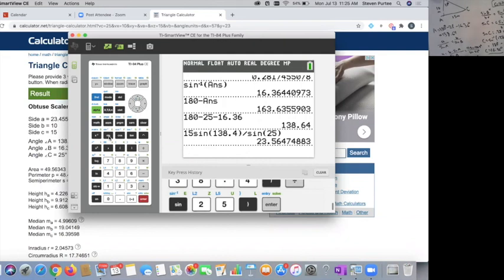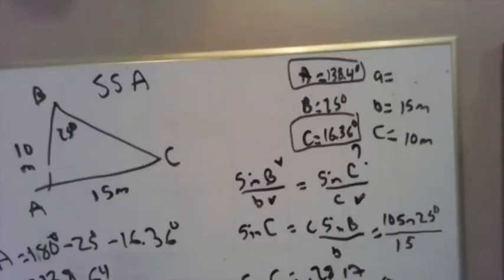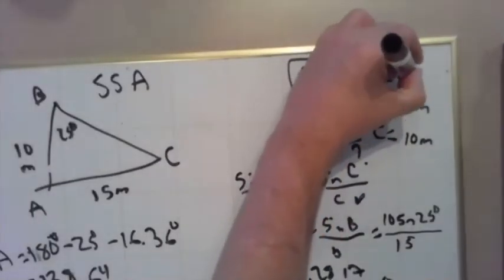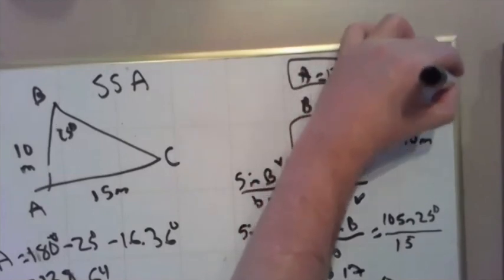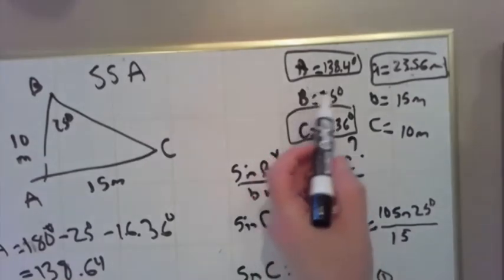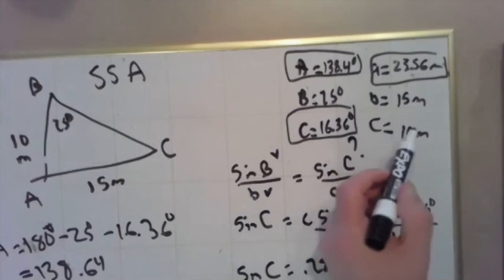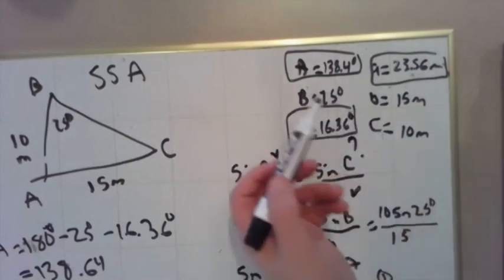And that was in meters. So we put that in our table. And then as a quick check, biggest side and biggest angle should match up. They do. Smallest side and smallest angle should match up. And of course, the middle side and the middle angle.